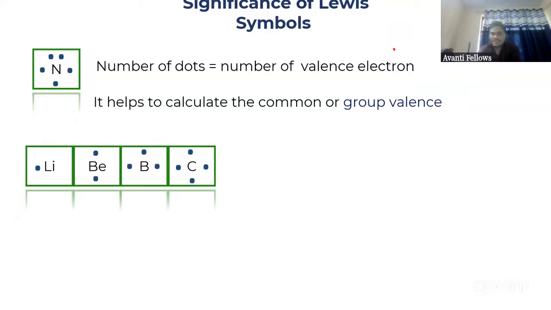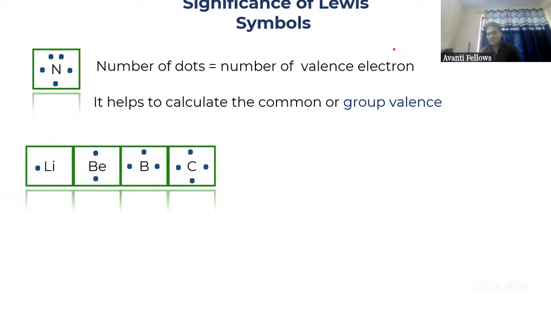Now, it helps to calculate the common or group valency. अगर आप मुझे एक बात बताओ, if we talk about the group 1 elements, the dot structure of group 1 elements remains the same. Either we talk about lithium, sodium, potassium, rubidium, anyone, because they all have only one electron in their valence shell, so their structure remains the same. Similarly for group 2, group 3 and group 4, क्योंकि वैलेंस इलेक्ट्रॉन तो ग्रुप की प्रॉपर्टीज है.